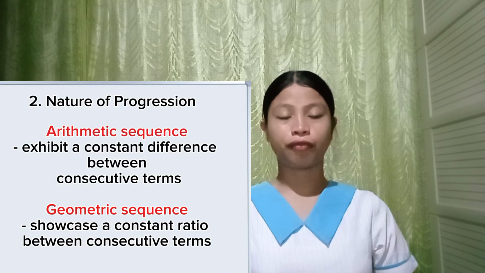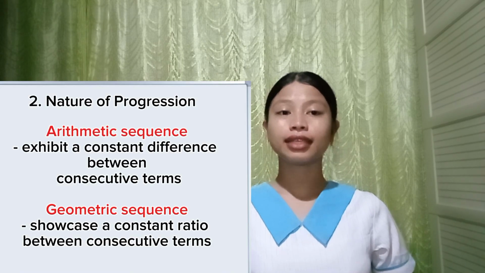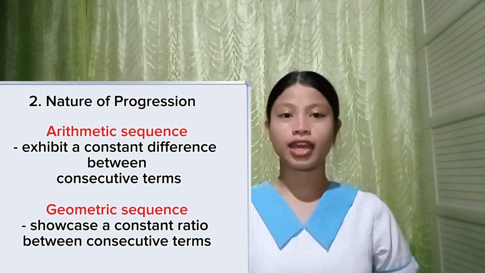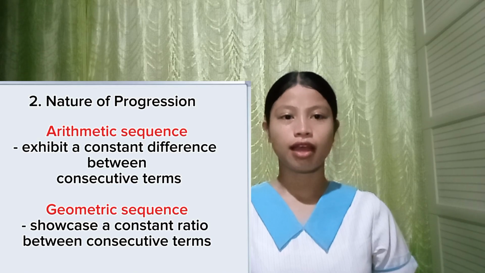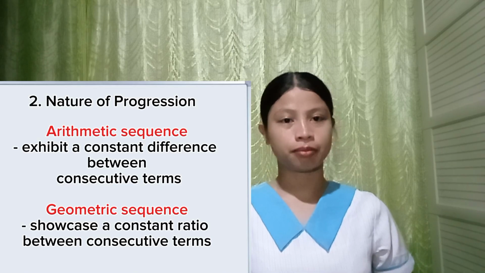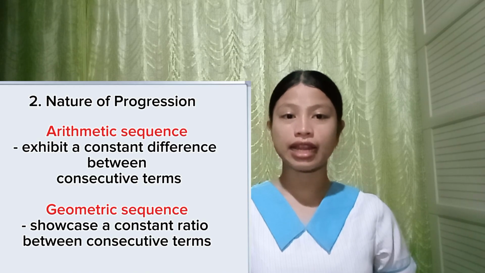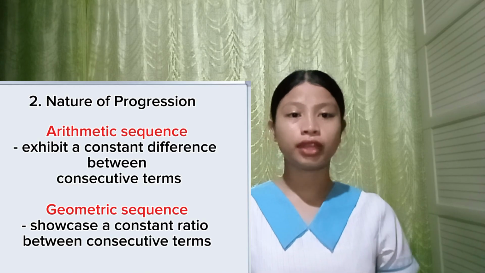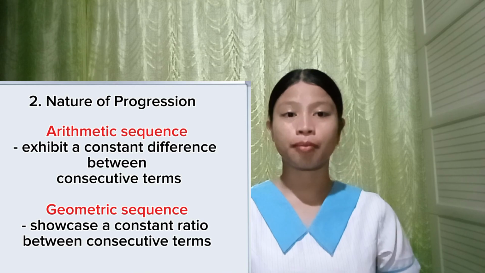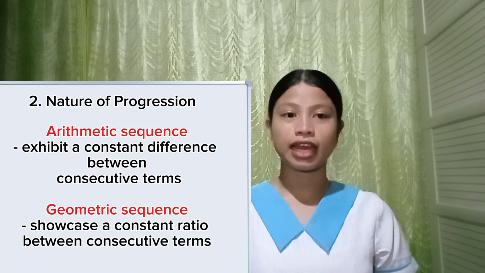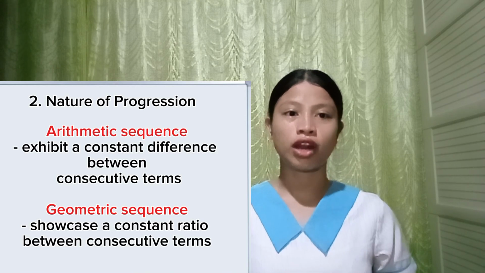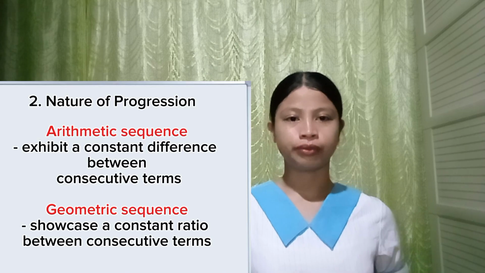So number 2 is the nature of progression. Arithmetic sequence exhibits a constant difference between consecutive terms. This means that the difference between any two consecutive terms in the sequence remains the same throughout, or pare-pareho lang siya hanggang dulo.